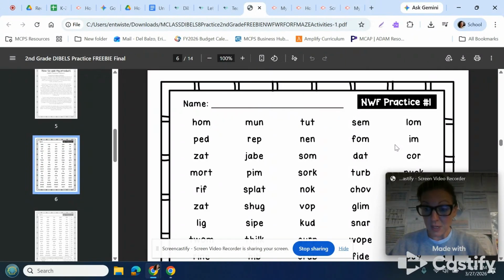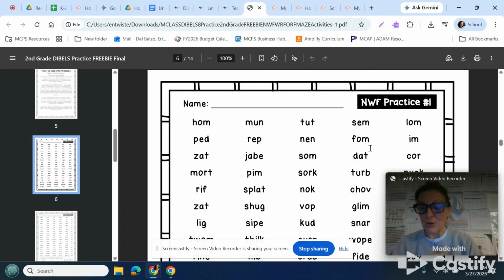By the end of third grade, students need to be producing 105 correct letter sounds in 1 minute, along with 31 units. So you could see if they read 31 units, if you times that by 3 to 4 units of sound in each word, that we need them reading the actual unit by the time they're in third grade: ham, mut, tut, set, lam, ped, rep, nen, fam, im. And they get both credits for correct letter sounds and words read correctly.